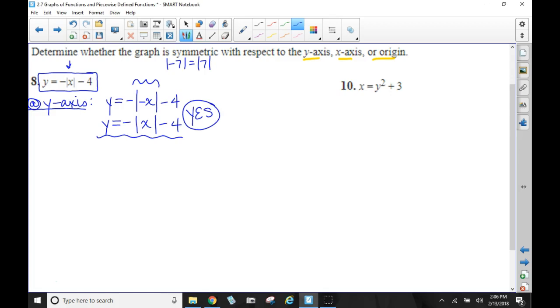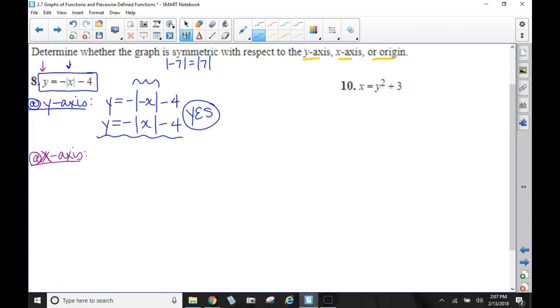Next, let's test to see if this graph would be symmetric about the origin. No, let's not do that one next. Let's go in order. Let's see if this is going to be symmetric about the x-axis. That's the next one on tap. When we test to see if something is symmetric about the x-axis, we replace y with a negative y.